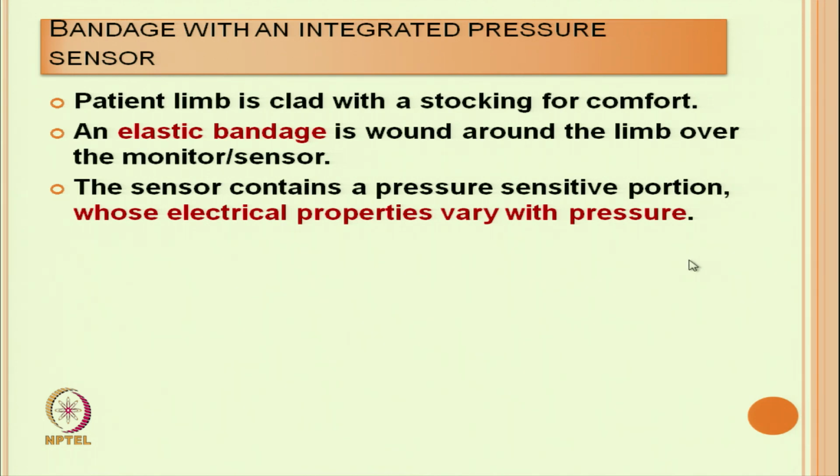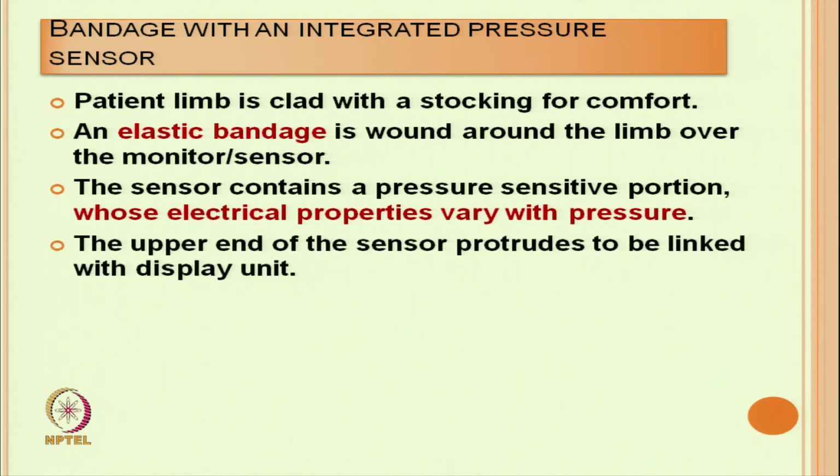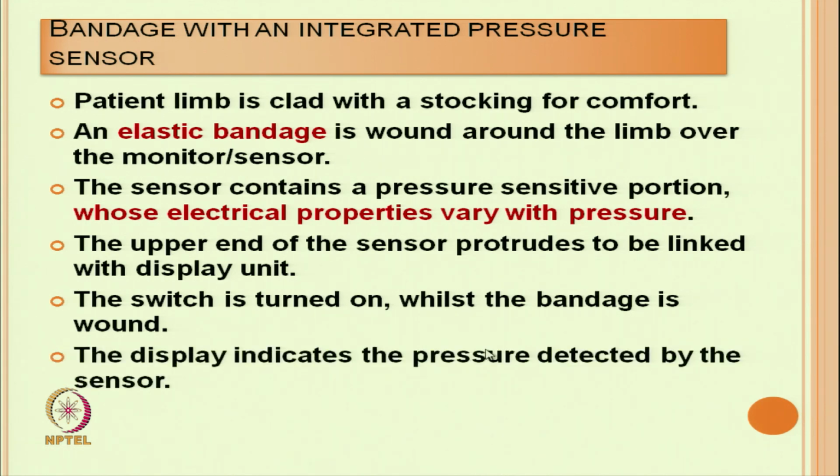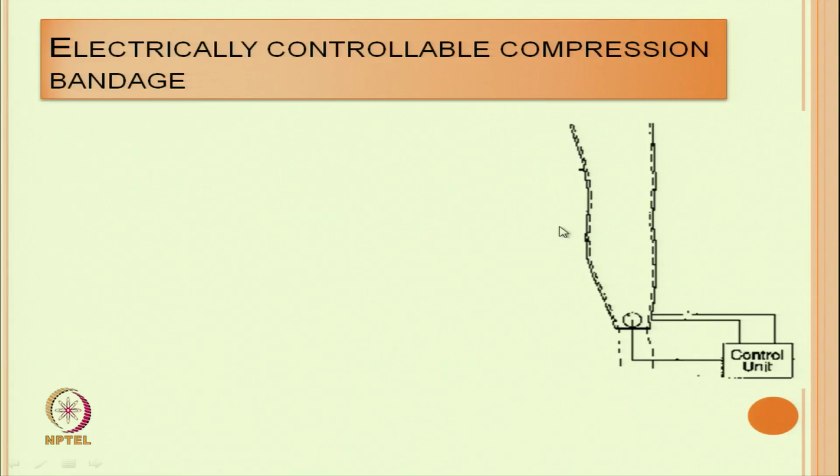The upper end of the sensor, which is protruding, can be connected with the display unit, and once the switch is turned on, we will get the data, and the display indicates the pressure detected by the sensor. So, this is another technique.